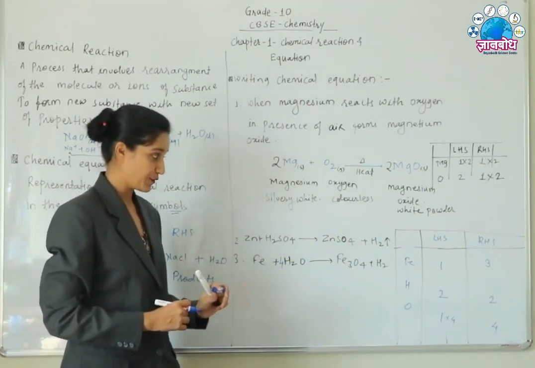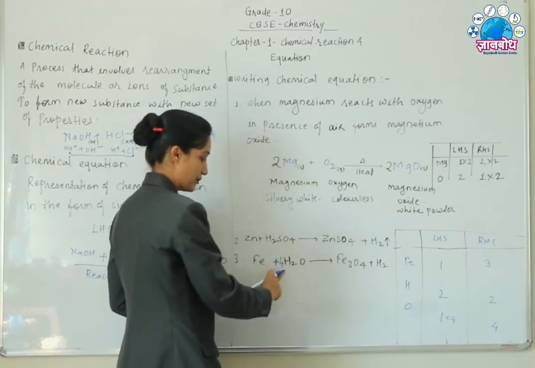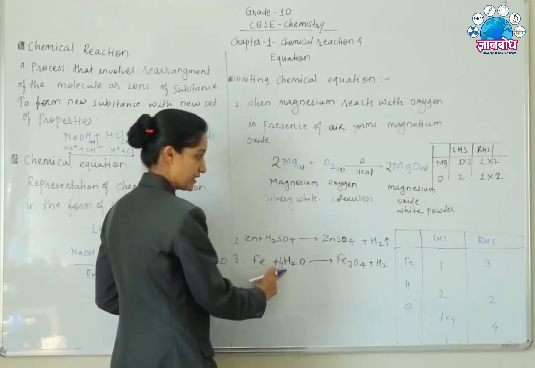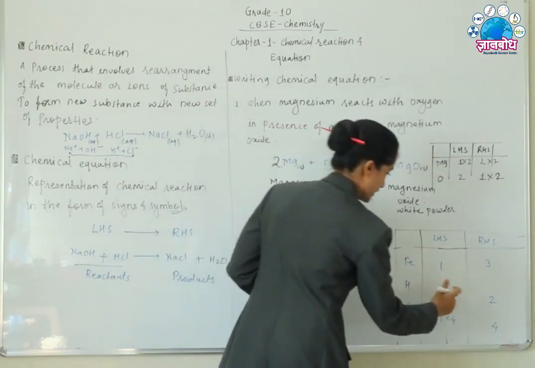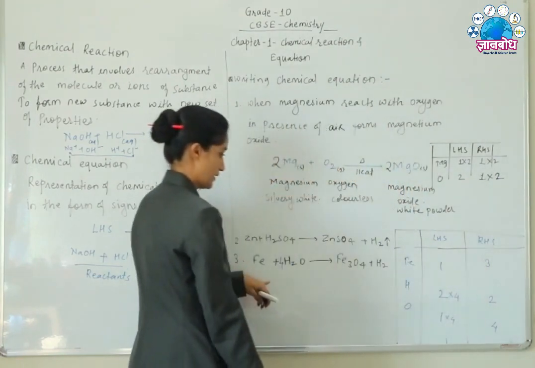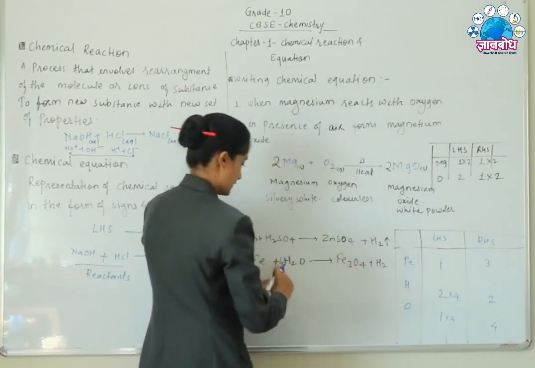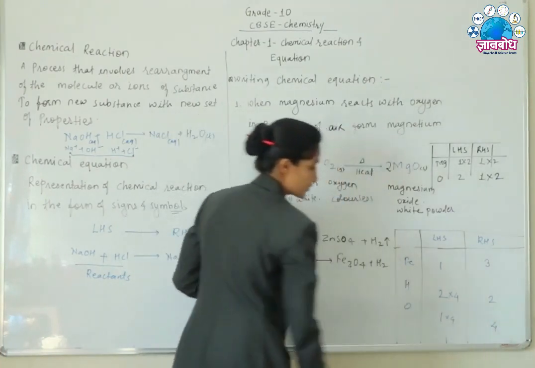Now what happened here after writing 4? Other numbers are still the same, but the hydrogen number in LHS is changed. 4 2s are 8. It became 8. And here, oxygen number is now balanced, 4 and 4.